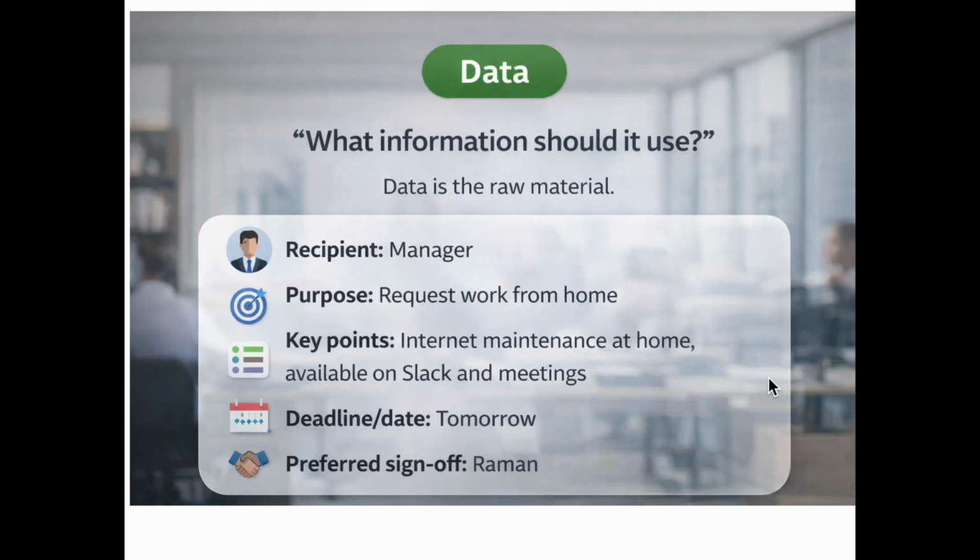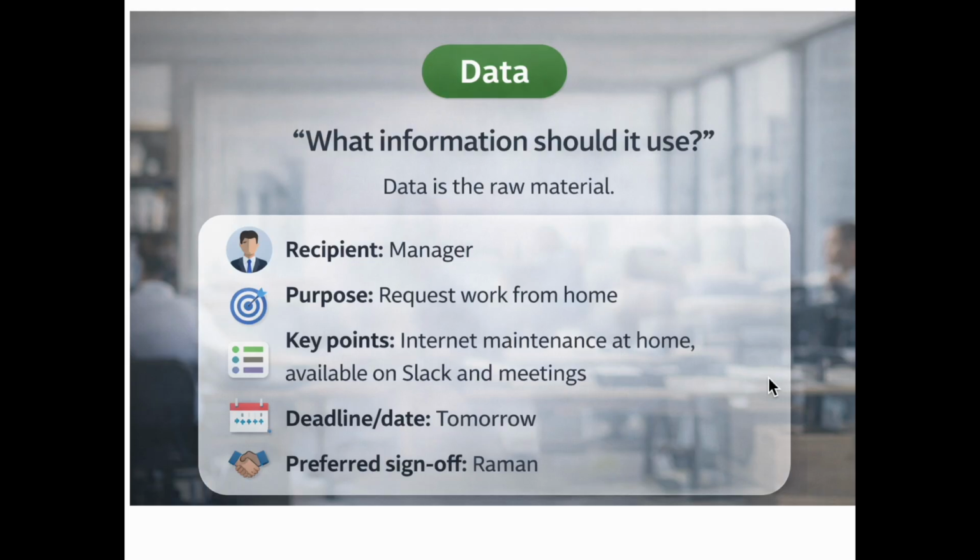D stands for data. Data answers one simple question: what information should the AI use? So, data is the raw material. This is where you provide the actual details instead of expecting the AI to guess.